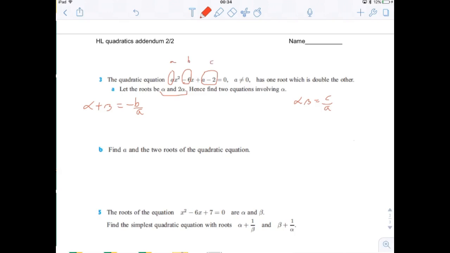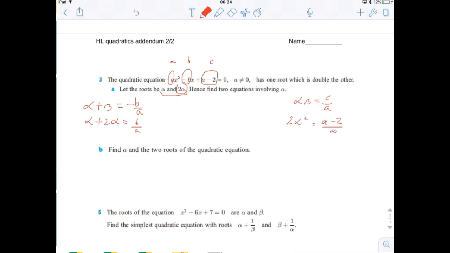I'm going to just plug everything in, and instead of alpha and beta, I'm going to put alpha and 2 alpha. So I'm going to have alpha plus 2 alpha equals negative 6, which is 6, divided by a, which is a. And then here I have alpha times 2 alpha. Instead of beta, it will be 2 alpha squared equals c, which is a minus 2, divided by a.